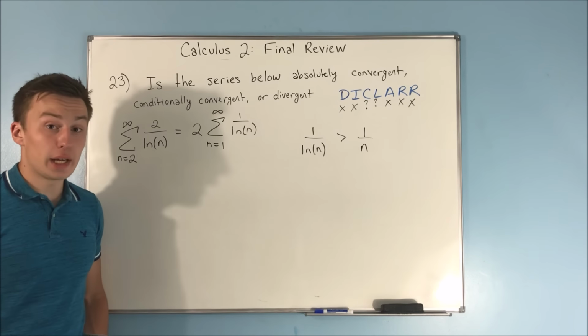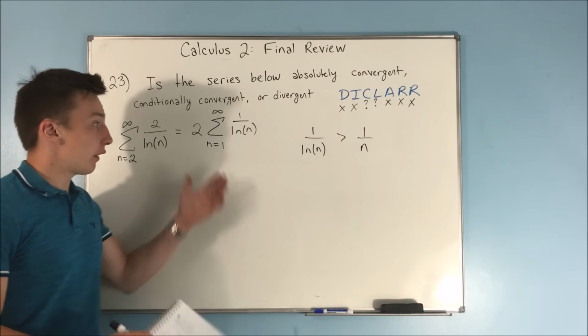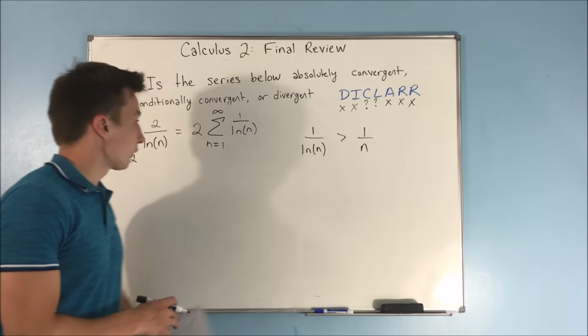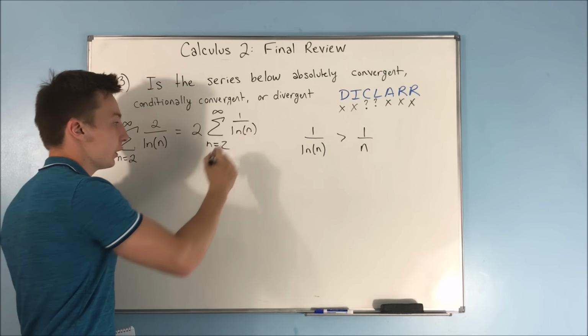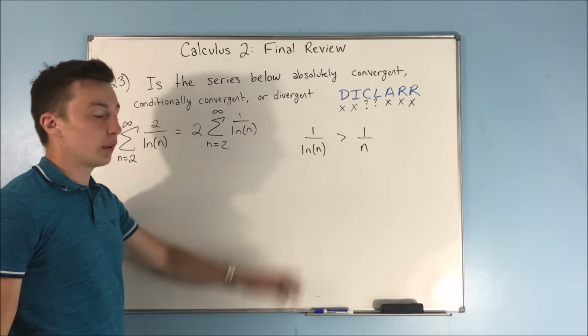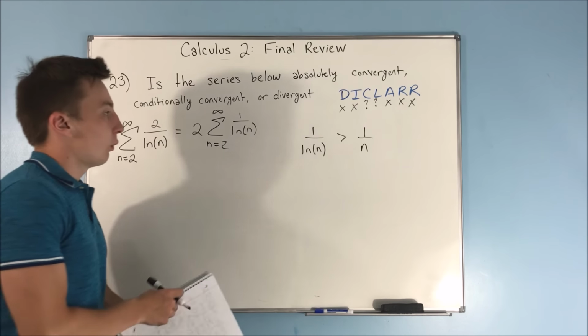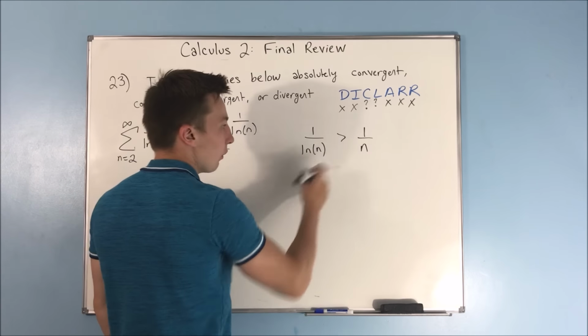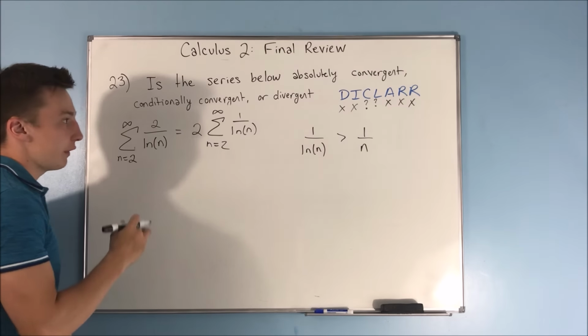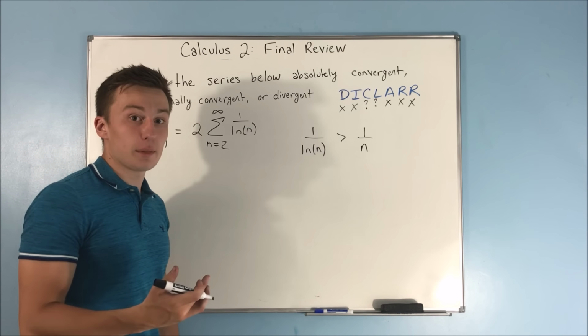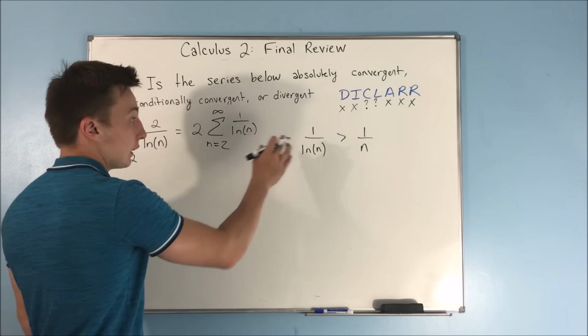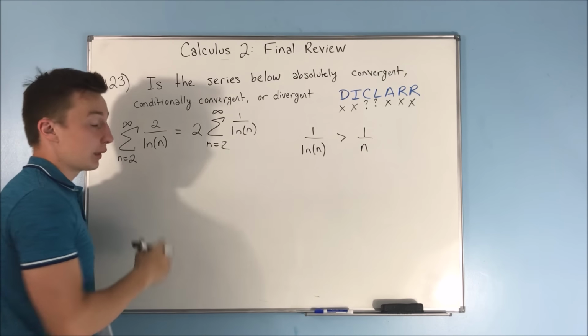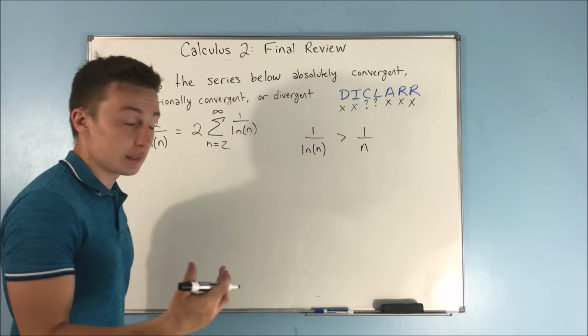For any n on this interval, at least. And this should be n equals 2, because we can't have a natural log of 1. Okay, so what this tells us, since we know that the sum from n equals 2 to infinity of 1 over n diverges, that means that this series is going to diverge as well by the comparison test.